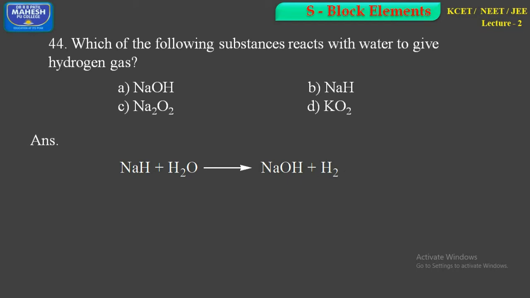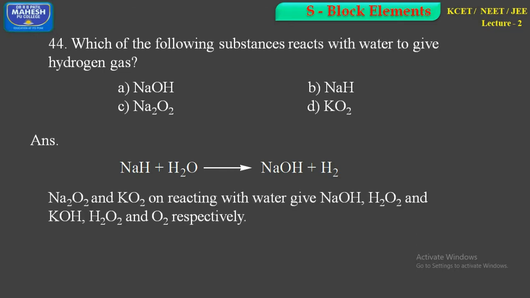Whereas when sodium peroxide reacts with water, we get sodium hydroxide and hydrogen peroxide. And when potassium superoxide reacts with water, we get potassium hydroxide, hydrogen peroxide, and oxygen gas. As a result, option B is the right answer, that is sodium hydride, which reacts with water to give hydrogen.